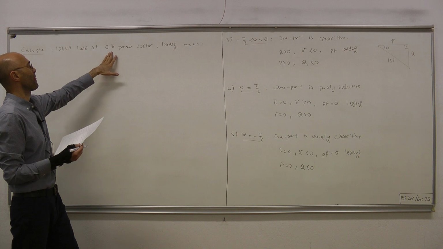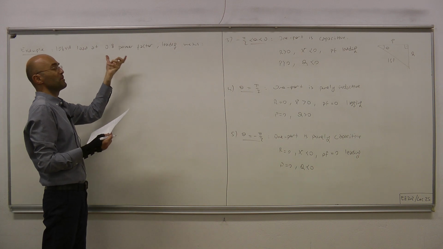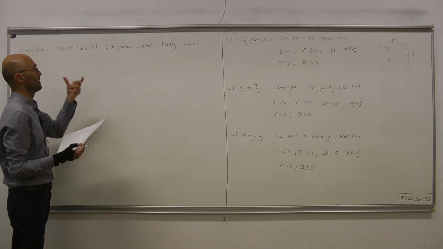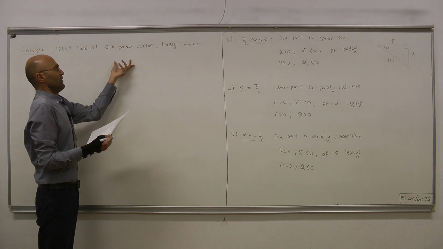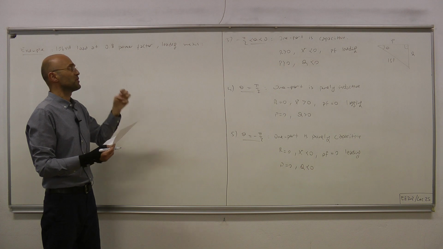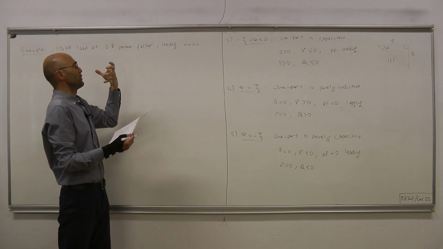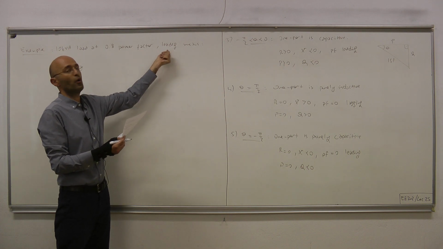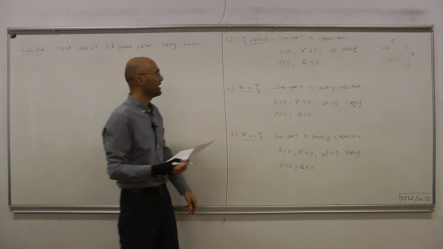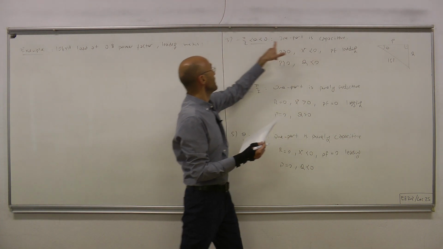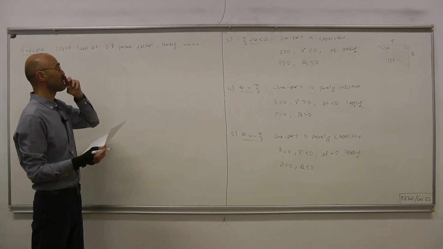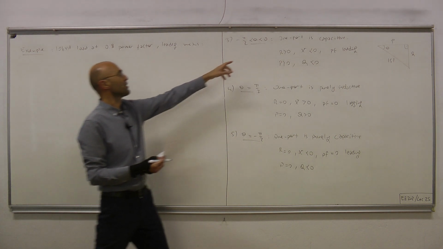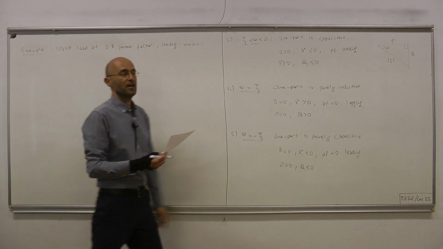To determine the sign of that angle, we're told through this word here: leading. If it's leading, it means theta is between minus 90 degrees and 0. If it's lagging, it would have been between 0 and plus 90 degrees.